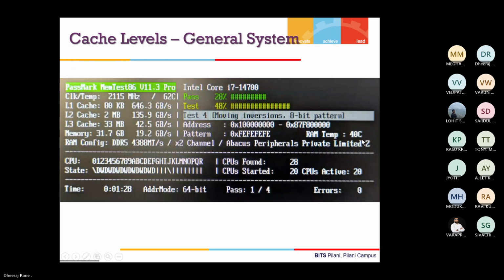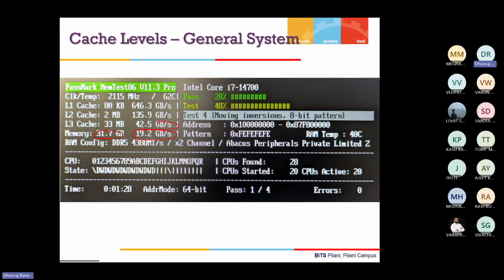See the speed difference. If the main memory is of 32 GB and the speed it is having is 19.2 Gbps, and see the difference with L3 cache.